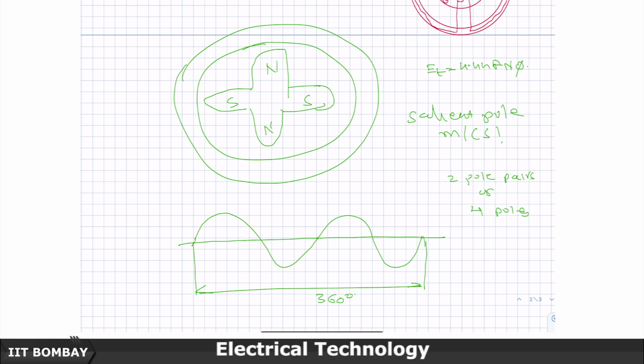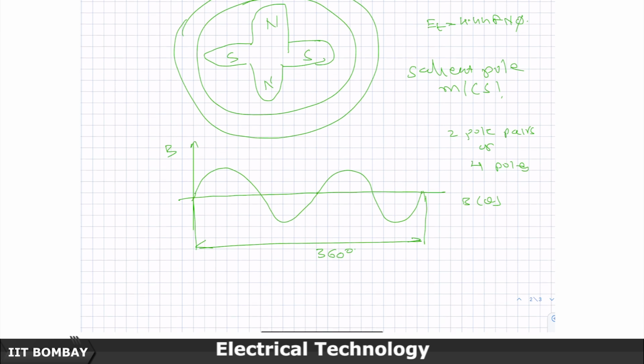Let us say this is B versus theta, assuming that you are able to generate a sinusoidal waveform. This is my B. This is 360 degrees mechanical, this is 360 degrees electrical.